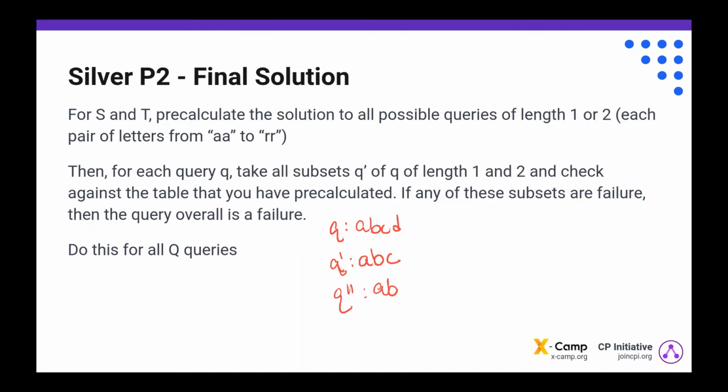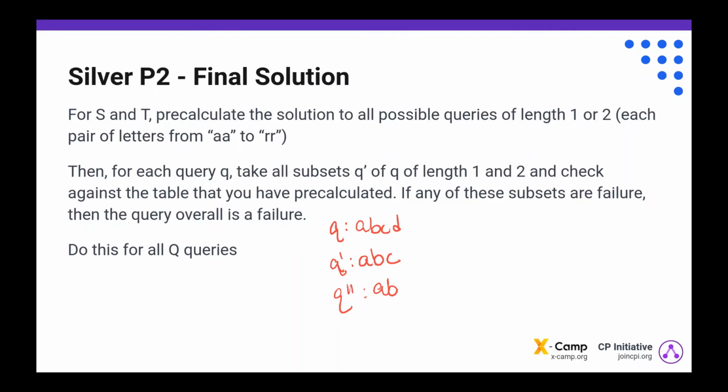So that's why we only need to check the length 2 subsets, because if the length 2 subsets fail, then all the length 3 subsets that build upon length 2 subsets fail. Then length 4 also fails, length 5, all the way up to Q, all of them are failing. Okay.